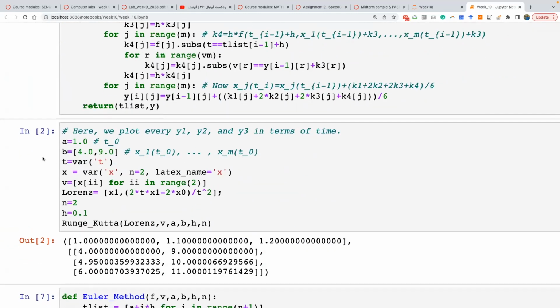And the question one, x0 or a is 1, and we had 4, 9, if you remember. Yeah, 4, 9. So again, this guy, we have two dependent variables, Lorentz or function. I like to call it Lorentz function. Do you remember the function was like this?